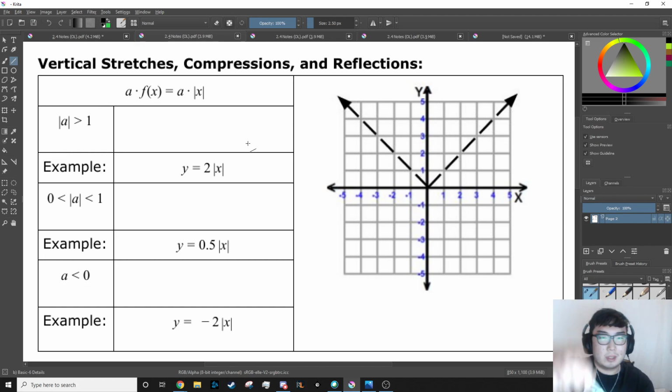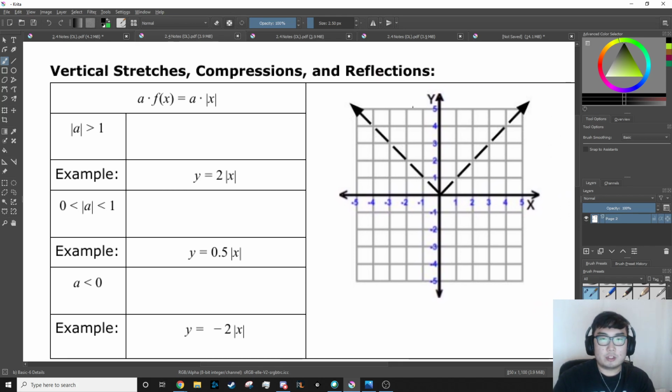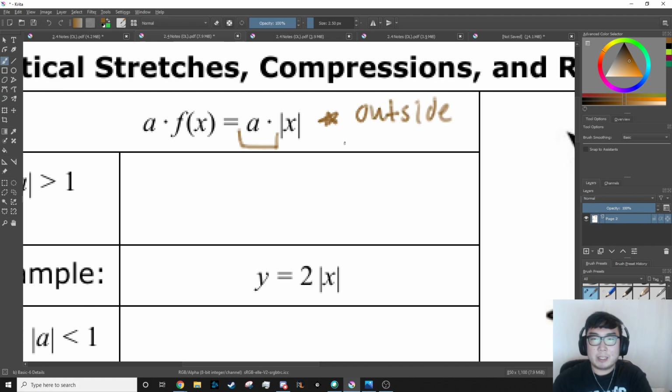So when we talk about slope for absolute value or anything else that has funky weird lines that don't have the same behavior as linear, we have to call it vertical stretches, compressions, and reflections. Reflections, we already know what that is. And for vertical stretches, the key component is that the number is outside and it's being multiplied.